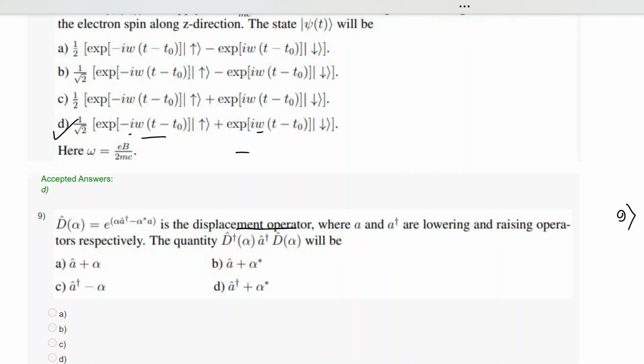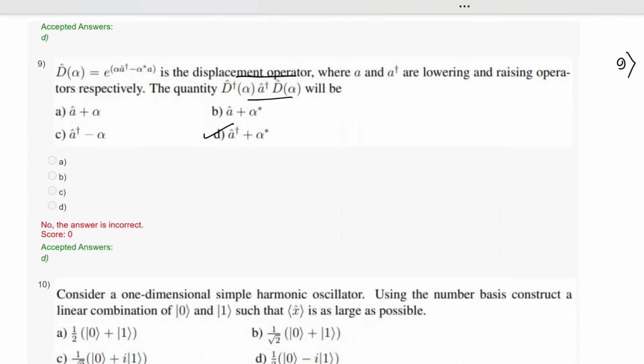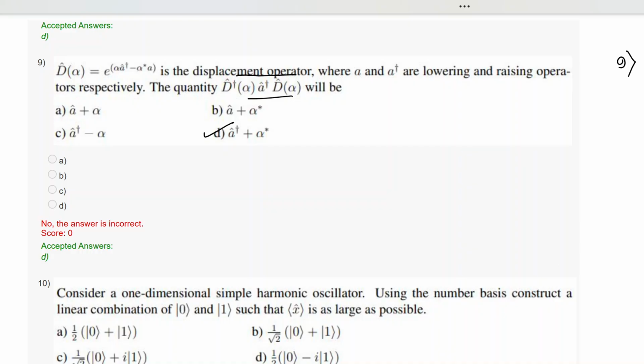So then by that you write down, so this is similar to this on the left hand side, and the right hand side is just a dagger plus alpha star. So your answer is D. So directly use this result and you will take a dagger and then you end up with this.